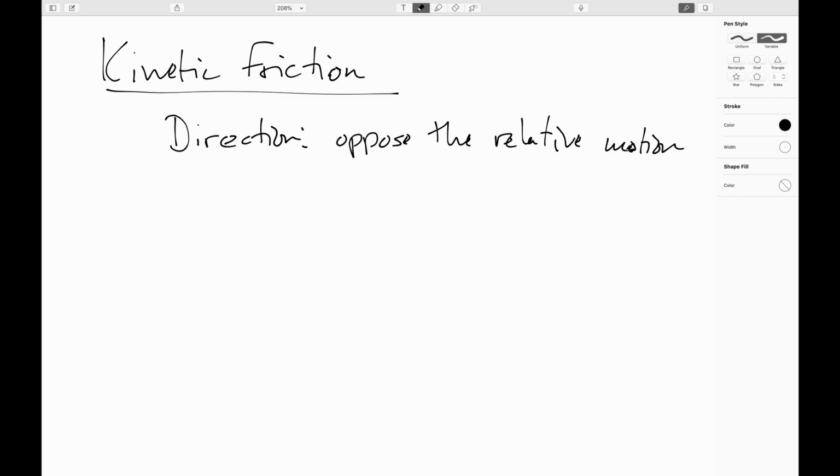So say you go ahead and kick a pebble or something like that, and it's skittering along the sidewalk. The force of kinetic friction from the sidewalk acting on the pebble will be against the direction it's moving.